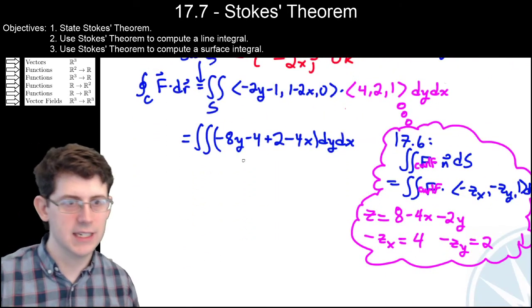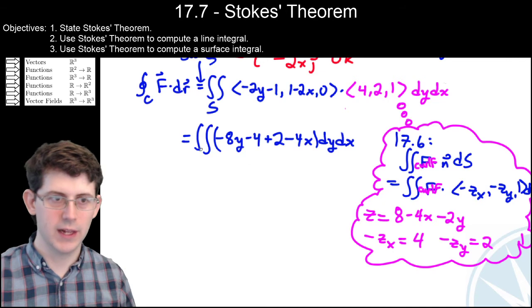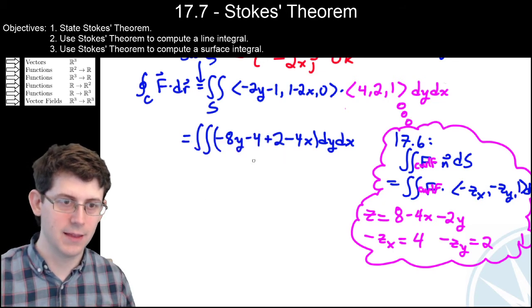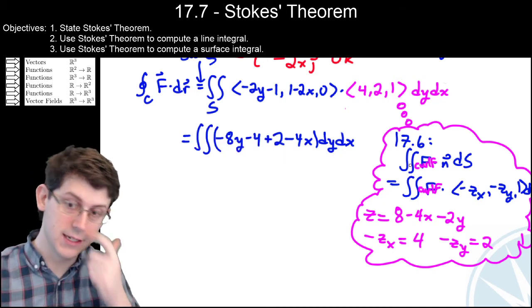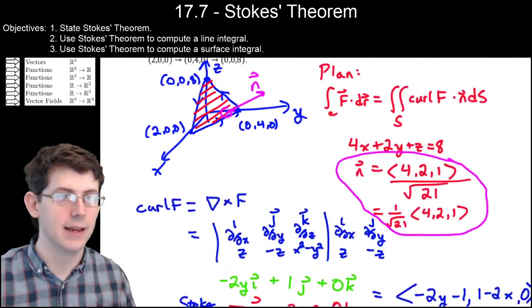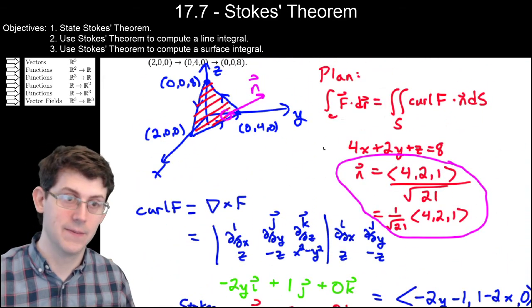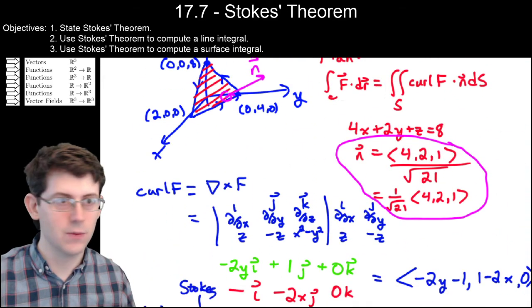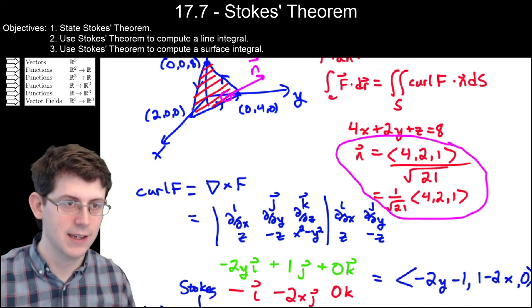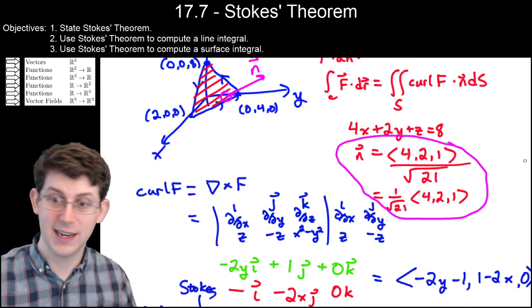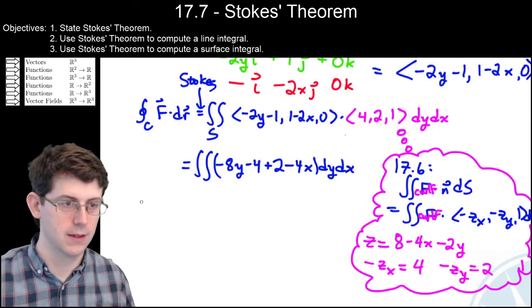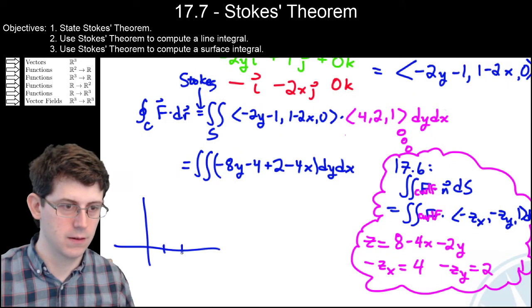Okay, let's finish this. How do I do an integral? Well, I need to find what the bounds are, and the bounds are now xy bounds. So I can look down into the xy plane. In the xy plane, we have a little triangle, and the triangle goes out to x equals 2 and out to y equals 4.